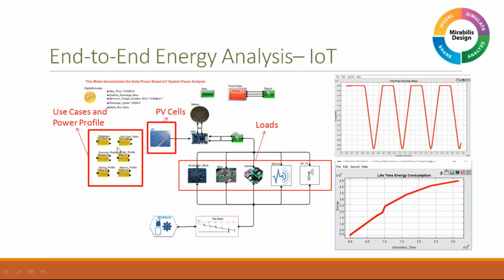On the left-hand side, we have a set of lookup tables that define the use cases and power profiles. The reports that are generated include the charge and discharge cycles of the battery, which helps us understand the life cycle of the battery itself and how long that particular battery can sustain. And apart from that, looking at the lifetime energy consumption could be interesting for most of the scenarios.